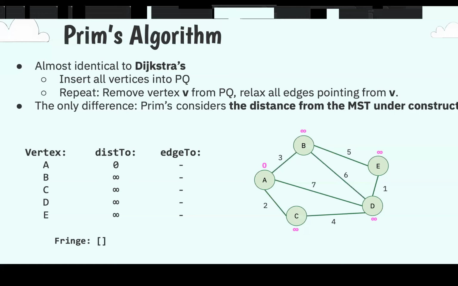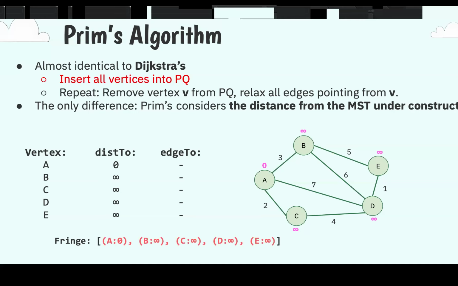You know how in Dijkstra's we're visiting all the nodes by distance from the source? Prim's is the exact same thing, except it only considers distance from the MST being built. So instead of just talking in words, I'm going to walk you through the demo, which will be a better explanation.